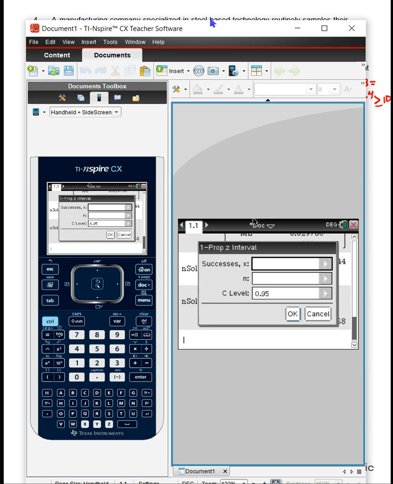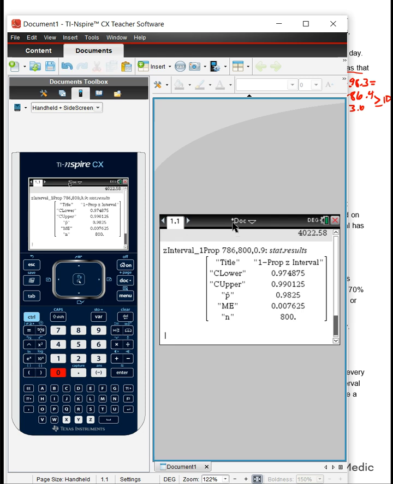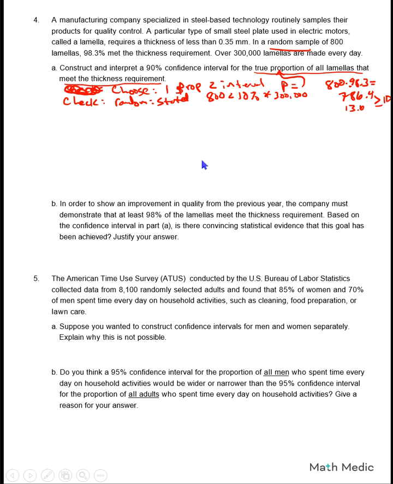Number of successes, what we said was 786. So let's just call it 786. One number either way is not going to change much. They wanted 90%, so 0.90. So we get 97 to 99%. There's our margin of error, there's our point estimate, and so on. We're all good. Okay, so then we do calculate.